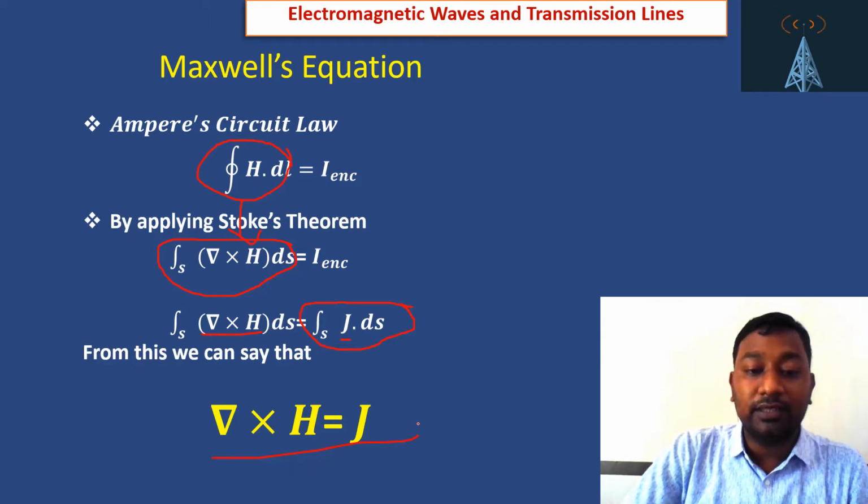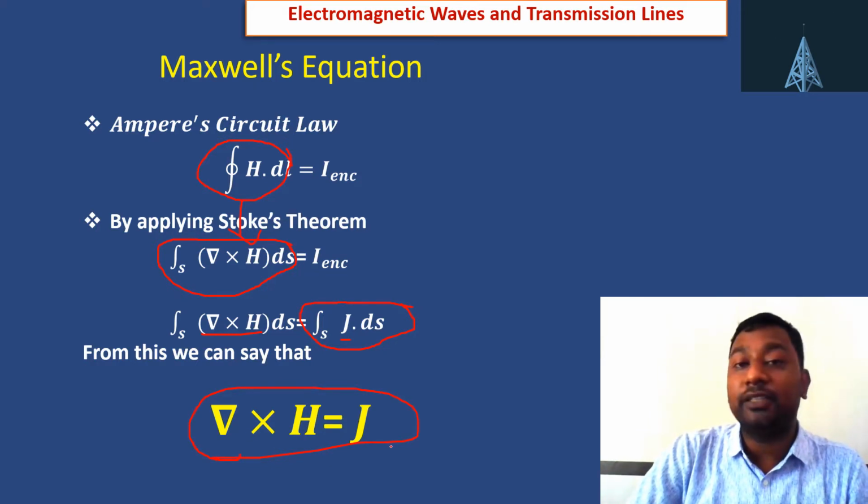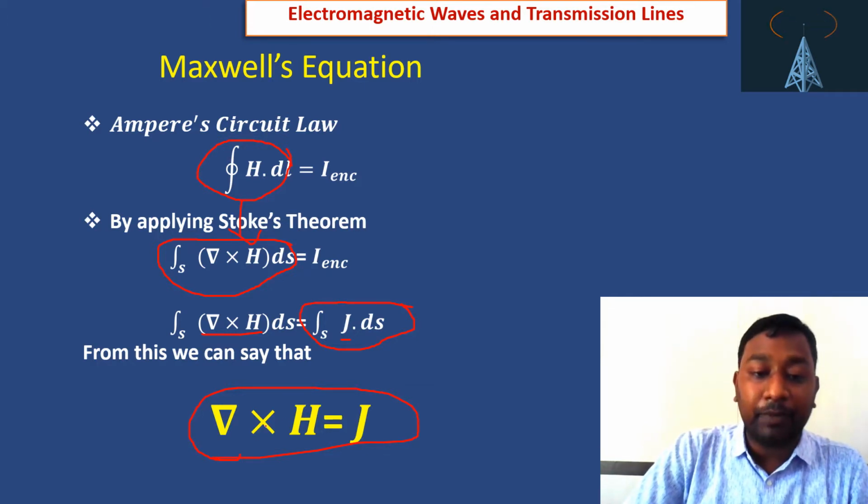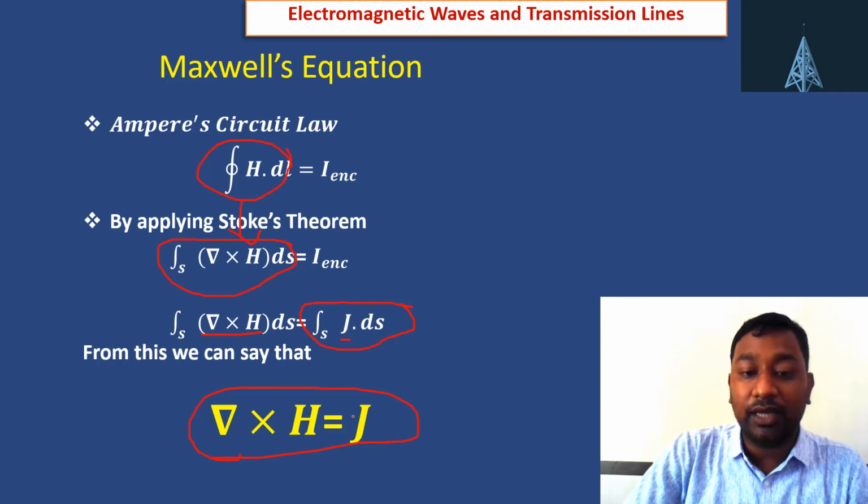So this is the Maxwell equation for the magnetostatic field, del cross H equals J. The curl of magnetic field intensity at a particular point is equal to the current density at that point.